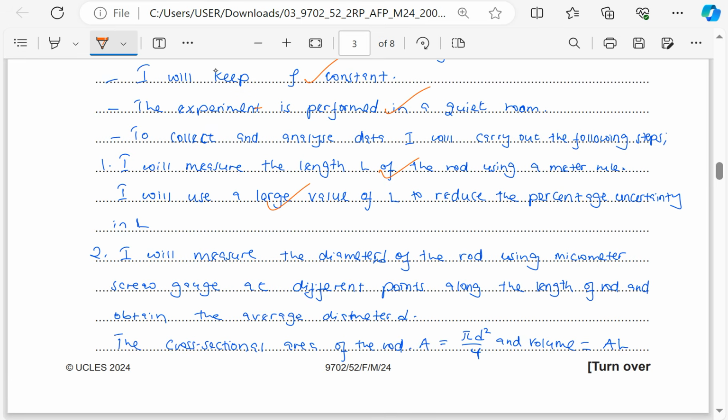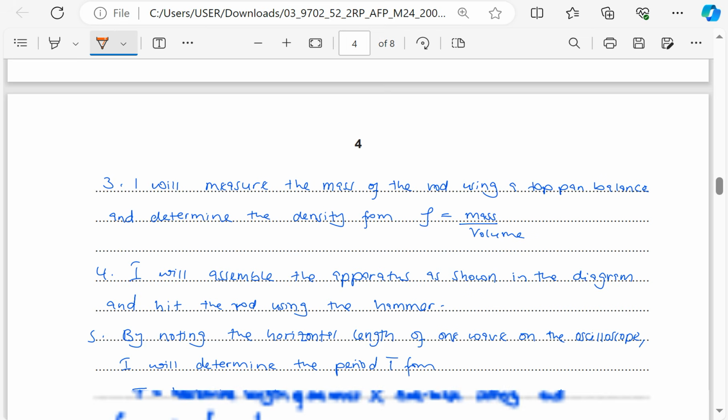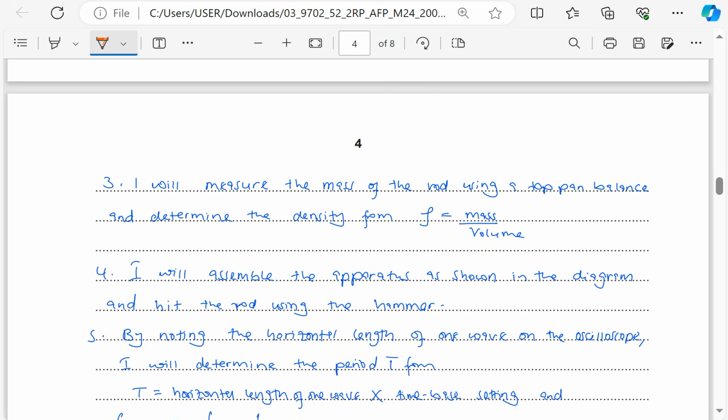I'll measure the diameter using a micrometer screw gauge, that is a marking point. Then saying that I'll measure different points along the length of the rod and obtain an average diameter. You are improving the measurement, that is a point. Then you are telling the examiner how you find the cross-sectional area and the volume. The examiner could credit you at this point, but that point could be credited here.